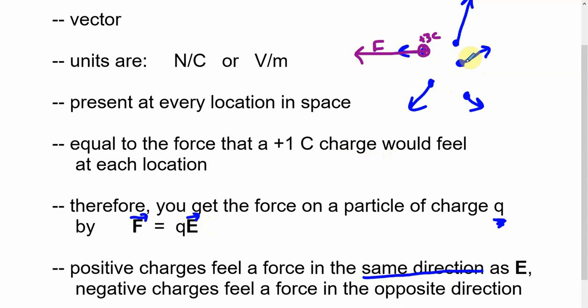If we put a negatively charged object, maybe -2 coulombs right here, where the electric field is going this way, then it will feel a force going in the opposite direction, because we have to multiply by -2. It'll be twice as big, so it'll be something like that. That'll be the force that that object feels from the electric field at that location.